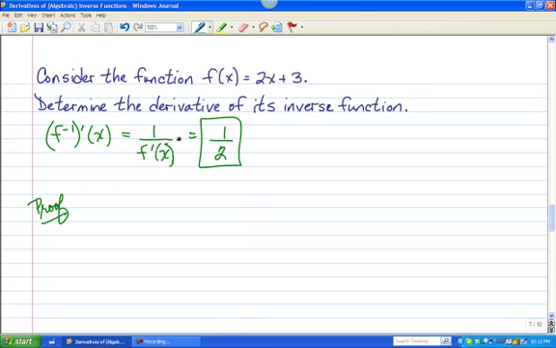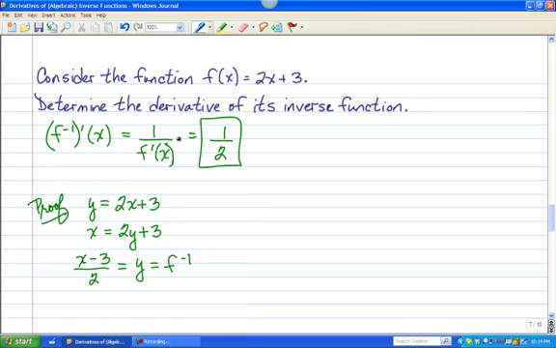Let's actually find the equation of the inverse. So we're given the function. If we rewrite it as y equals 2x plus 3, remember that to find the inverse we're going to flip-flop the x and the y and solve for y. So when we do that, we have (x minus 3) over 2 as our function. So this is our inverse.